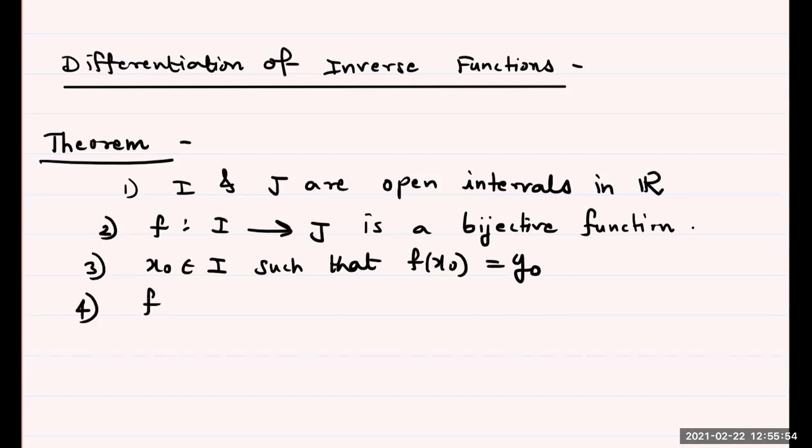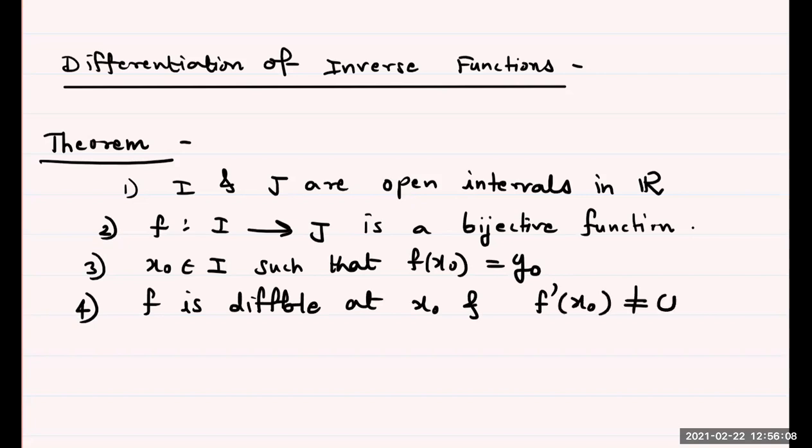Fourth point is f is differentiable at x naught and the derivative at x naught is not 0. So when I write that the derivative of f at x naught is not 0, that means it is going to be in the denominator.